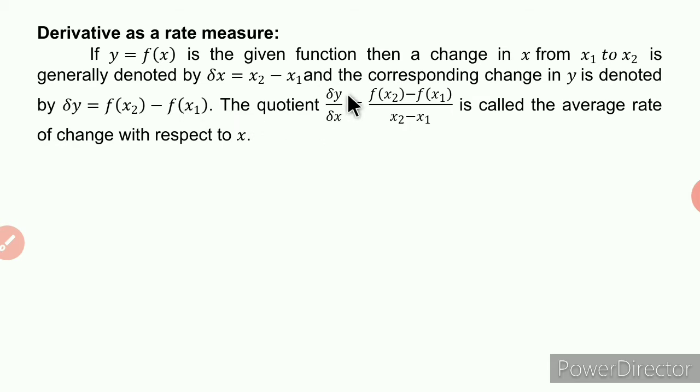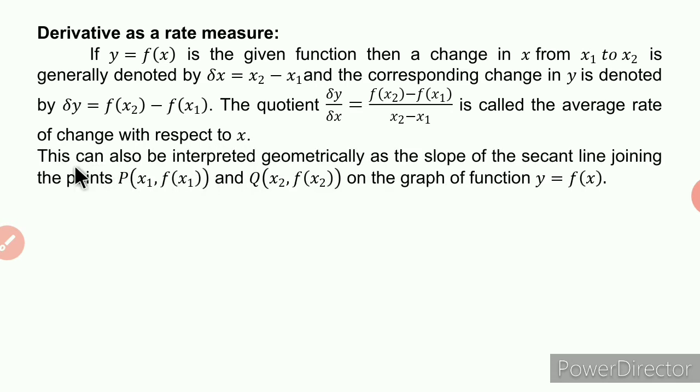The quotient delta y upon delta x, if we put here the value of delta y and delta x, is equal to f of x2 minus f of x1 divided by x2 minus x1. It is the average rate of change with respect to x. Now, if we observe this, we can write it as y2 minus y1 divided by x2 minus x1 also.